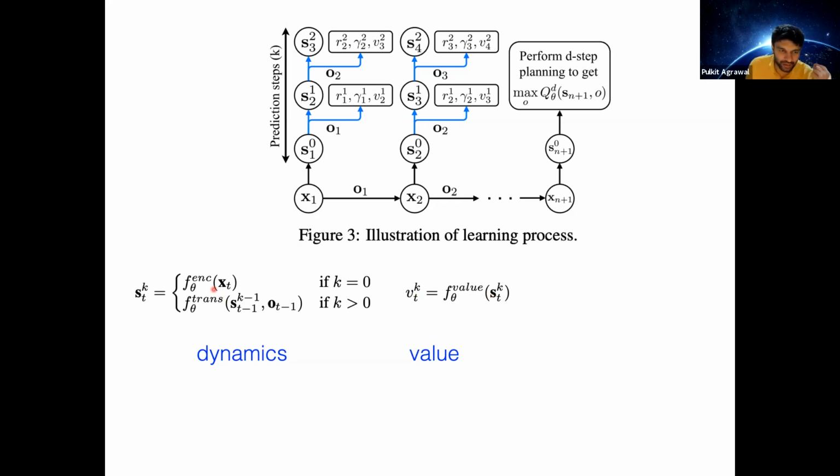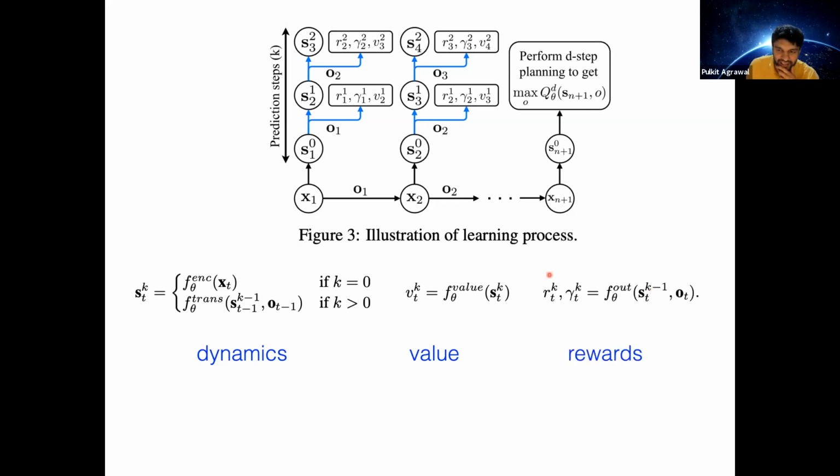All they're trying to do is predict the value function and only use the value function to learn the state representation, as compared to Dreamer, which is also trying to predict the state. And why were they doing this? Their argument was we should only capture features which are predictive of the value. All the other features are going to be irrelevant, so we really don't want to capture them.